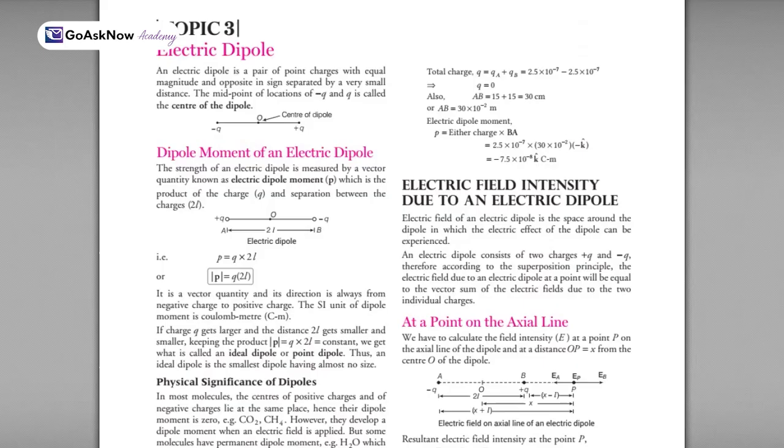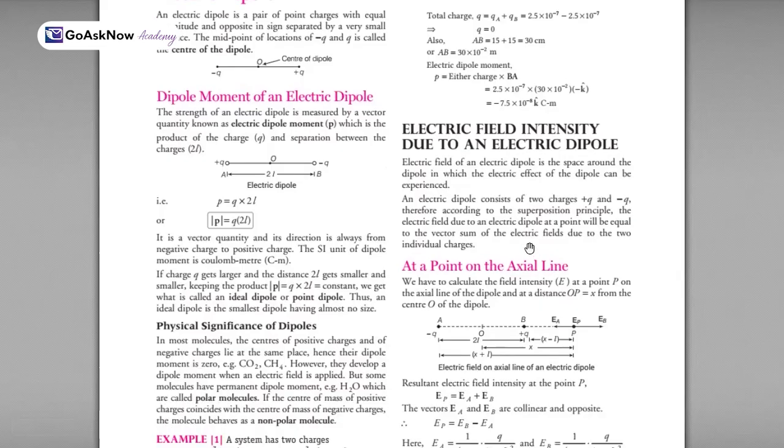Electric field intensity due to an electric dipole. The next topic is electric field intensity due to an electric dipole. We have studied the electric field due to point charges, and we will see line charges in further lectures. The electric field due to a dipole is the field due to the system of two charges, minus q and plus q, that form a dipole.